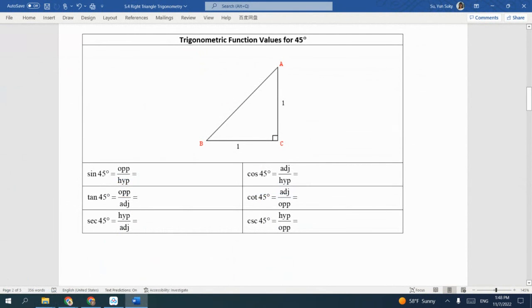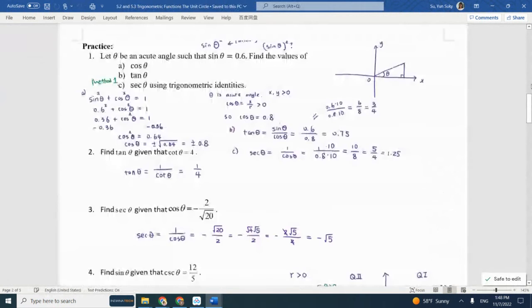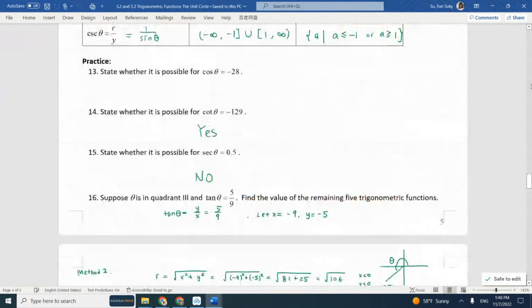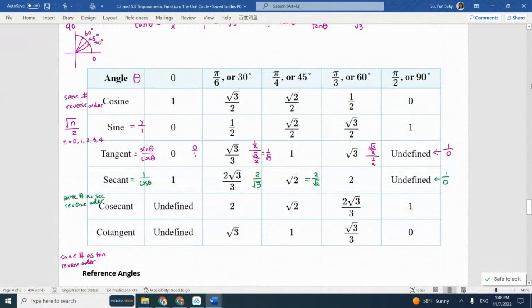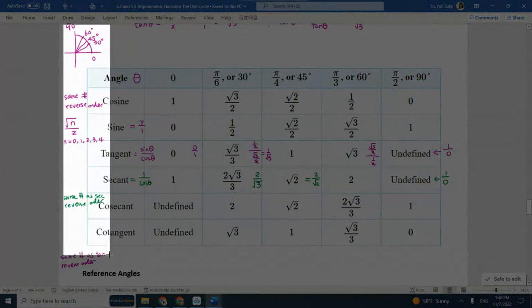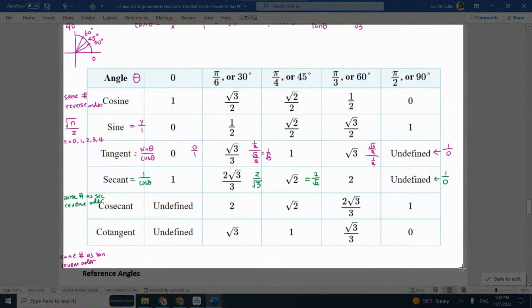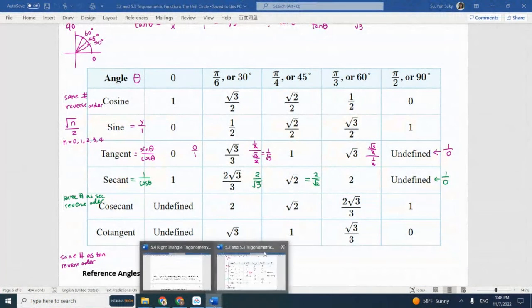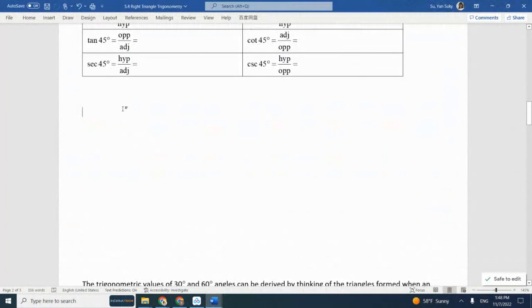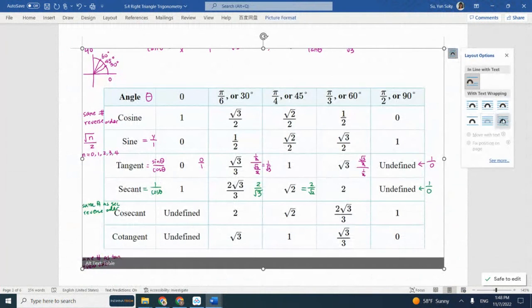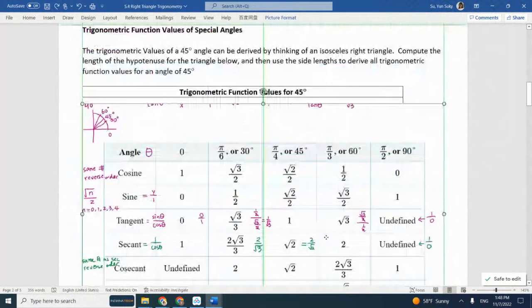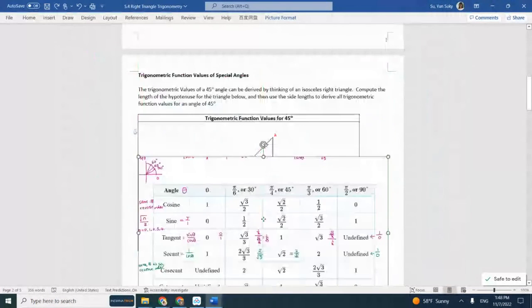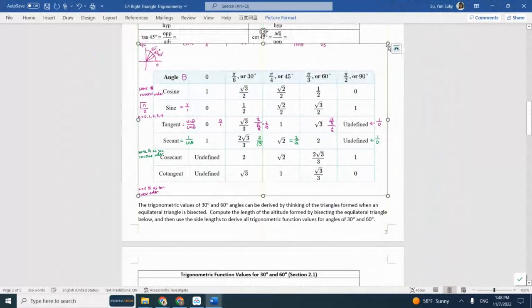I mean that one, this one. Let me move it down and shrink it.